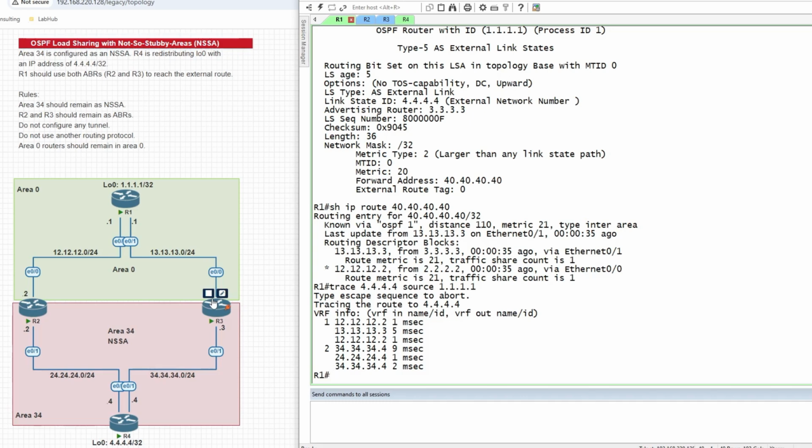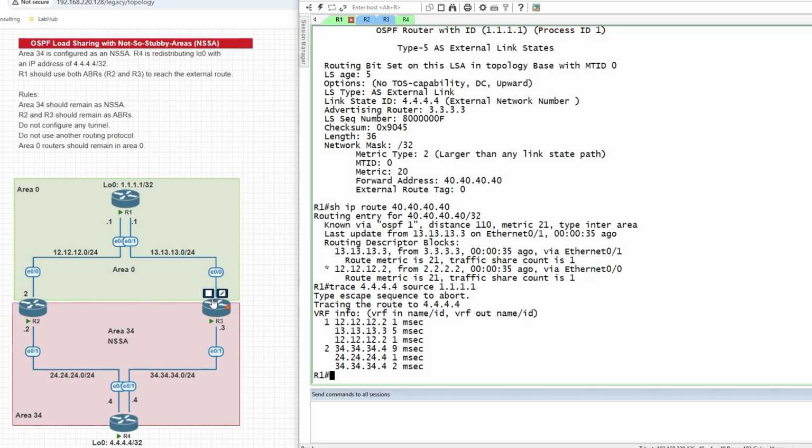So the forwarding address basically helps in optimizing routing within the OSPF network. It allows us to route directly to an external network through a path which is closer to that destination, instead of going through the router which originated that prefix.